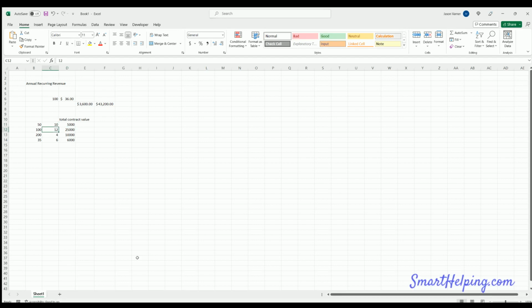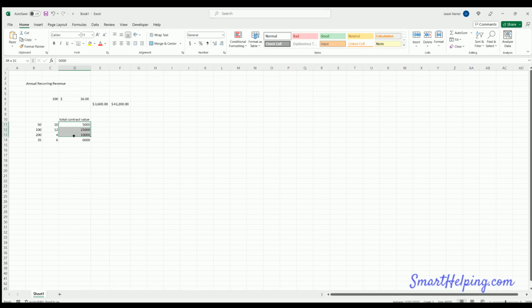That means over 10 months they're paying 5,000. Over 12 months these 100 are paying 25,000. Over 4 months these people are paying 10,000. To calculate MRR and ARR in this situation, this is the value of the contract. You would take that total value divided by the months, so you're normalizing it into a monthly amount.